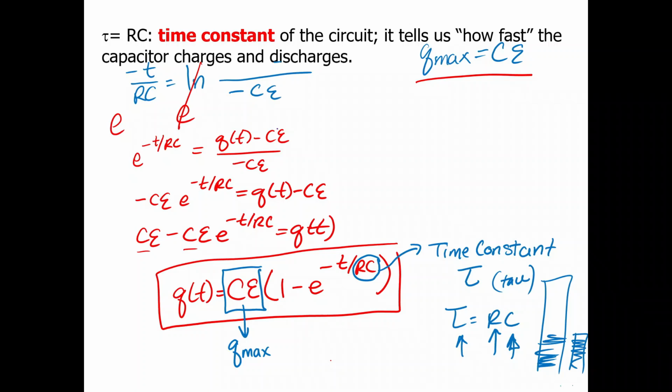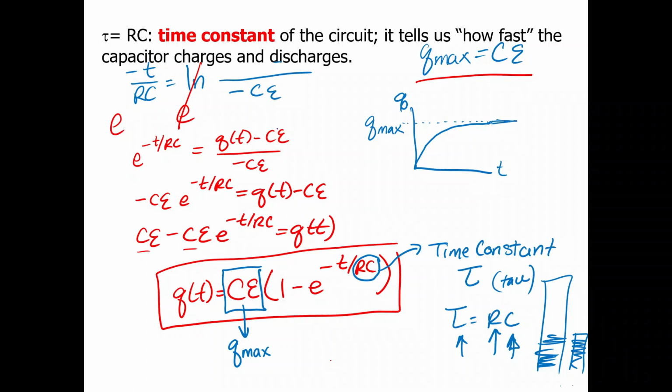Now, the other thing to recognize is the shape of this graph is a 1 minus e to the negative x type thing. So that is going to end up looking like this guy, Q and T, and there is going to be an asymptote, and that asymptote is going to be Q max.